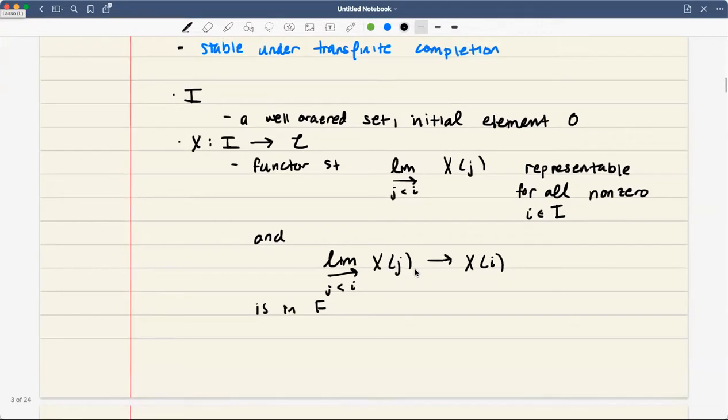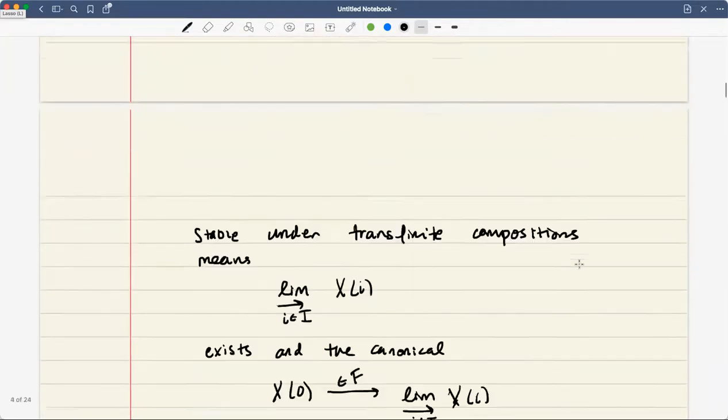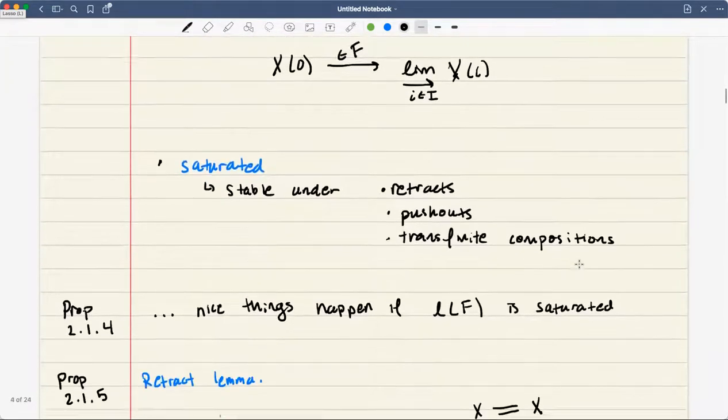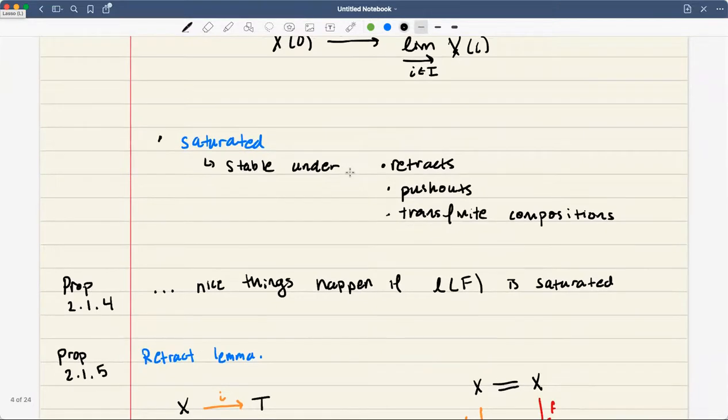If you're stable under it, taking the transfinite composition defines a legitimate morphism that represents this infinite composition of morphisms, and being stable under it just means that morphism is also in your class. And saturated is just all three of these things.